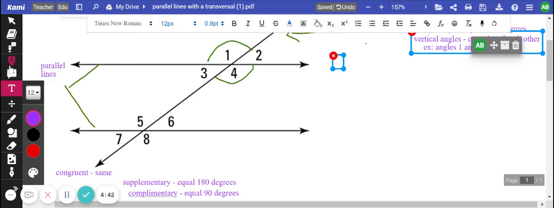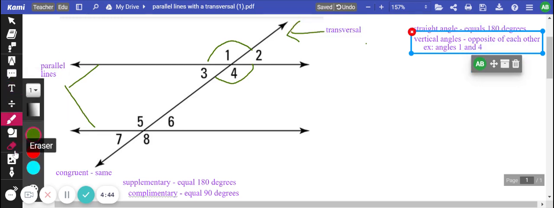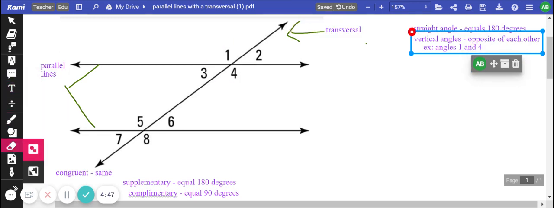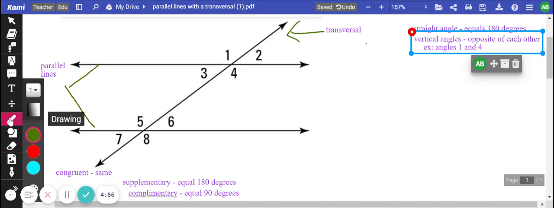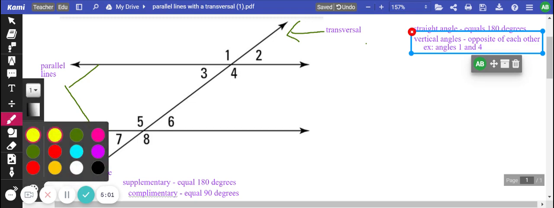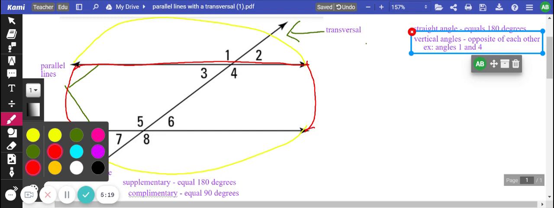Now, our next set of angles that we talked about are same side interior angles. Now, this is where we have, remember I talked about the hamburger buns. So here's the buns. Okay, and then we have the hamburger patty. So we'll go in a circle.